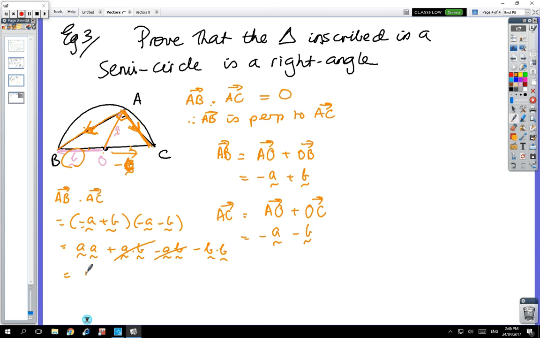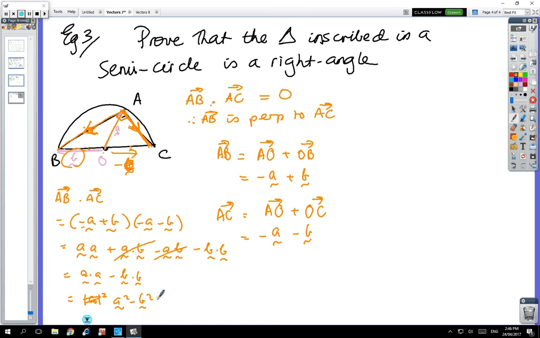So I end up with A times A minus B times B, which equals A squared minus B squared.